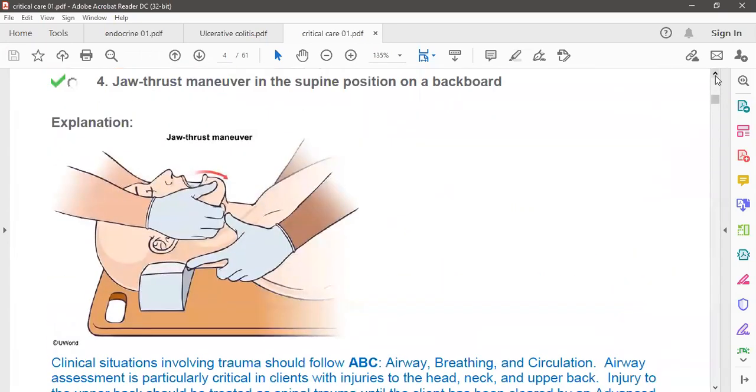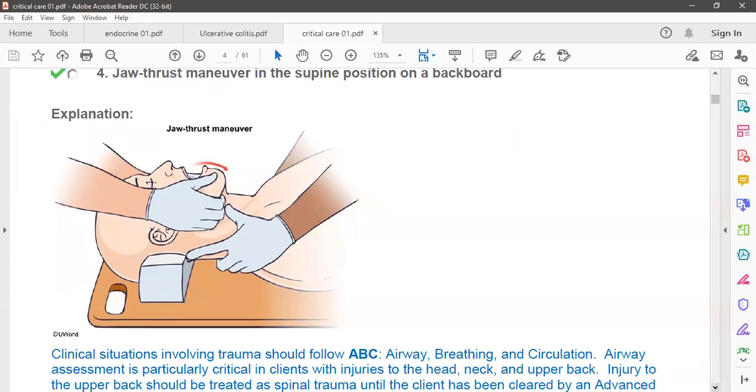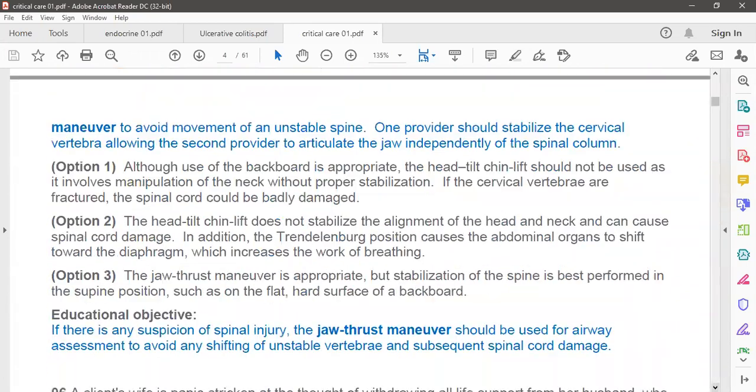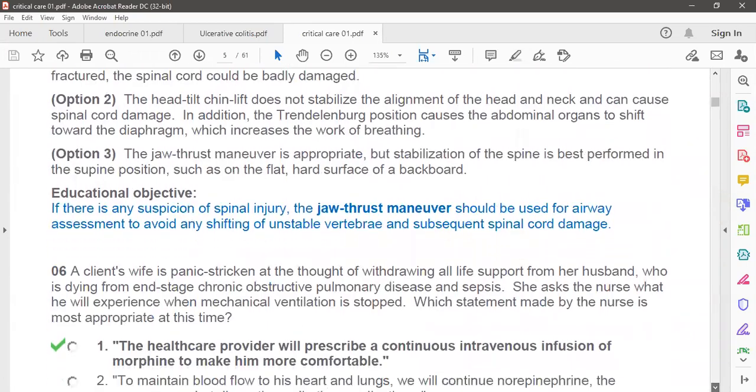One provider should stabilize the cervical vertebrae, allowing the second provider to articulate the jaw independently of the spinal column. In this picture, you see two people dealing with this patient. One person is trying to fix the jaw and keep the alignment, and the second person keeps the posture or positioning of the neck. What are the educational tools?